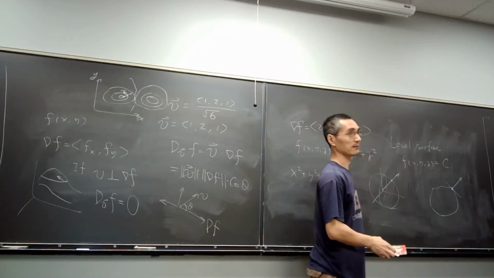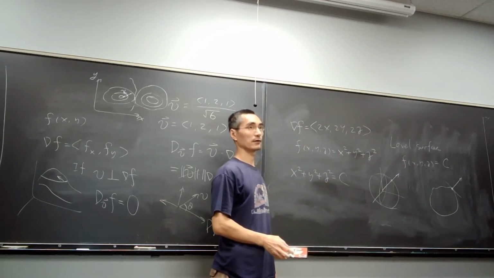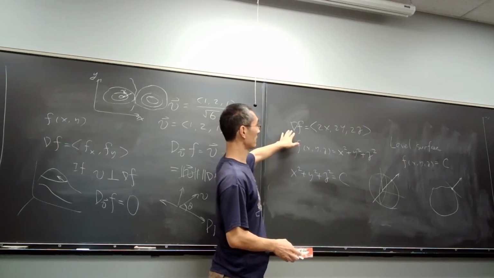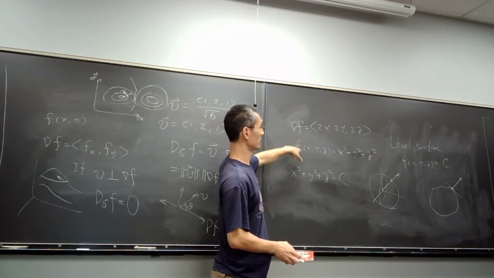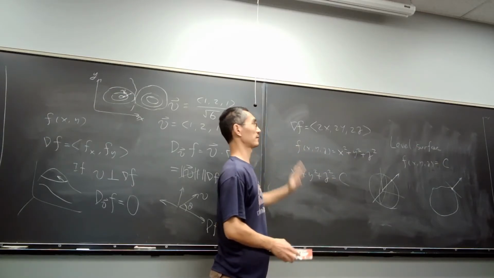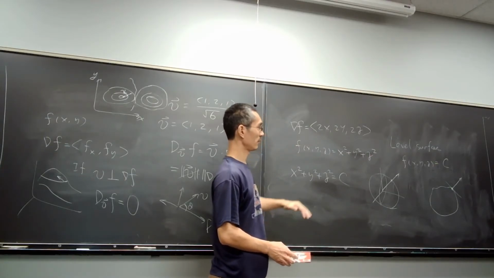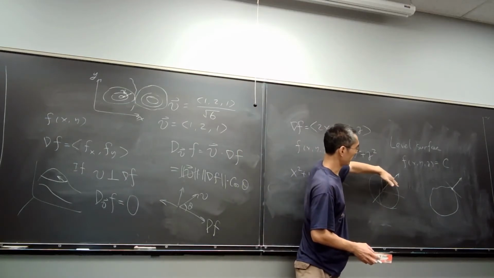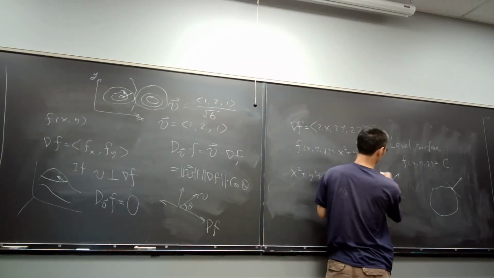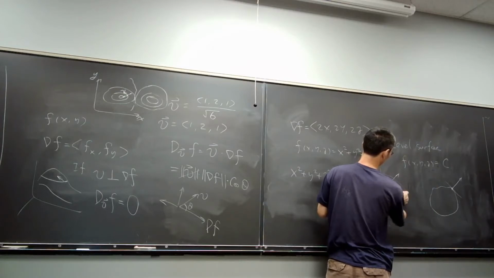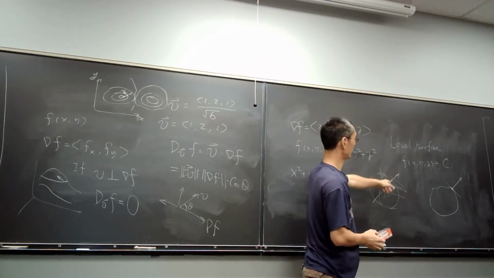So you can see that the normal direction is indeed given by the gradient of this function in this simple case. Okay? The tangent plane would be like that, and the normal direction of the plane is given by that.